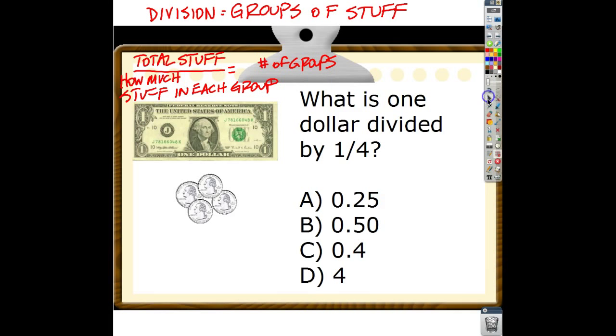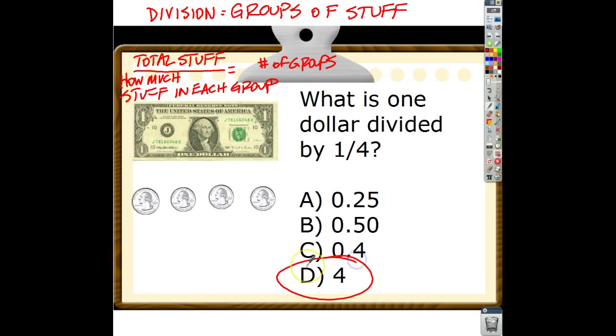It's saying if I have a dollar and I put it into a group, and the group is 1/4, how many groups will I have? Well, I'm going to end up with 4 groups. Because I take this $1 and make 1/4 in a group.